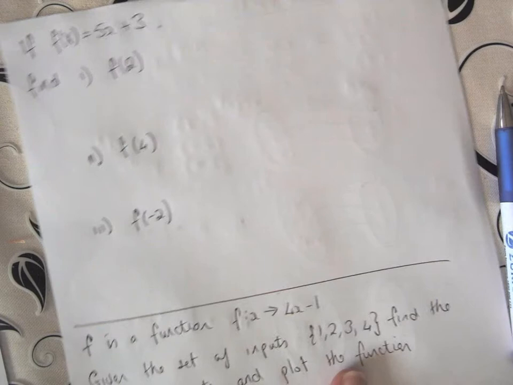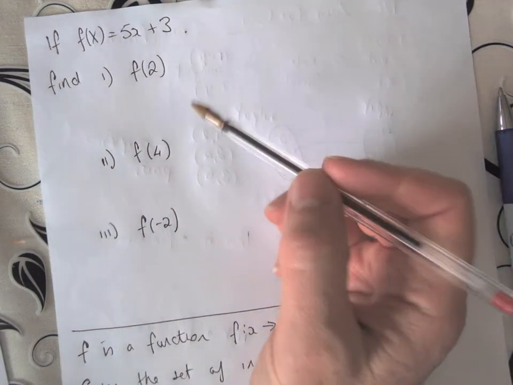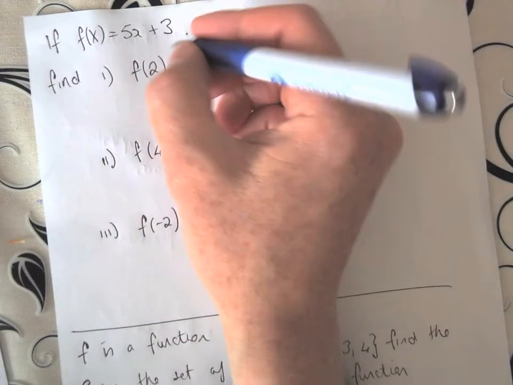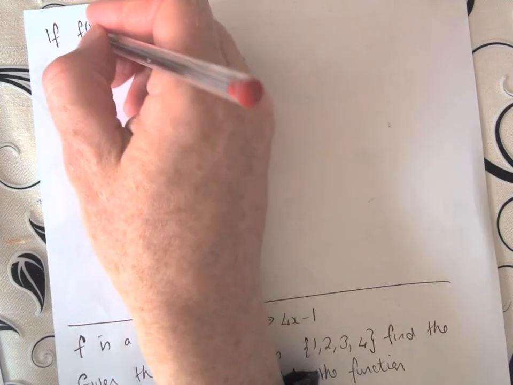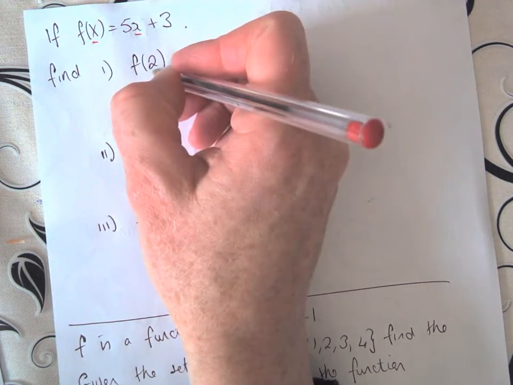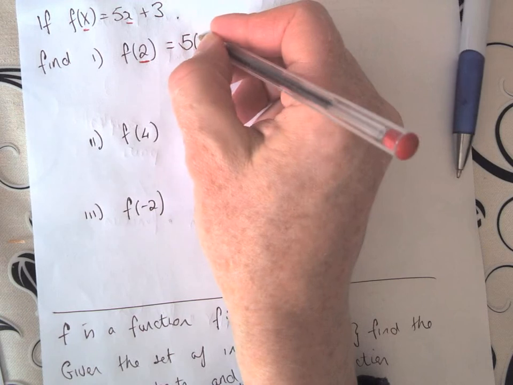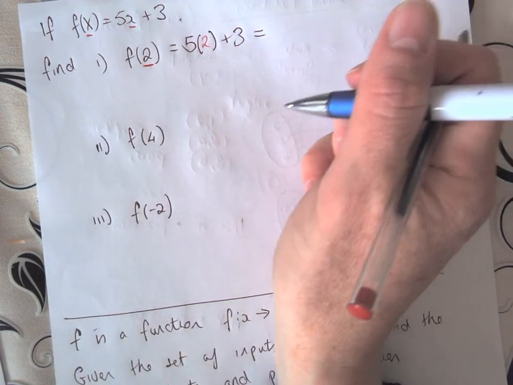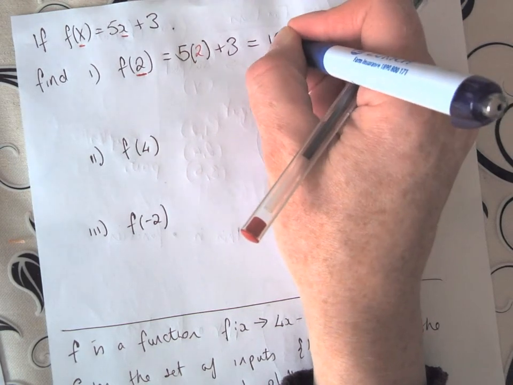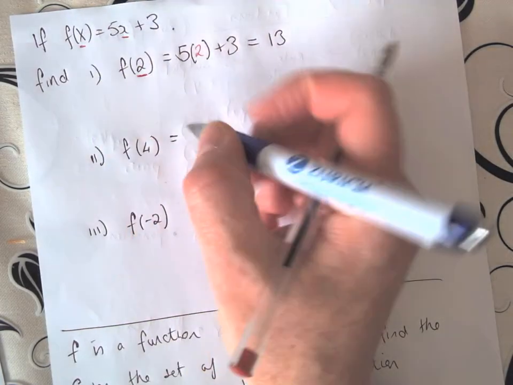Okay. So the type of questions: find f of x. If f of x is equal to 5x plus 3, find f of 2. So you see up here, x is here and x is here. They're replacing x by 2. So we're going to replace x by 2 in the bracket and then enter it into your calculator. That's all there is to it. Again, x is being replaced by 4.